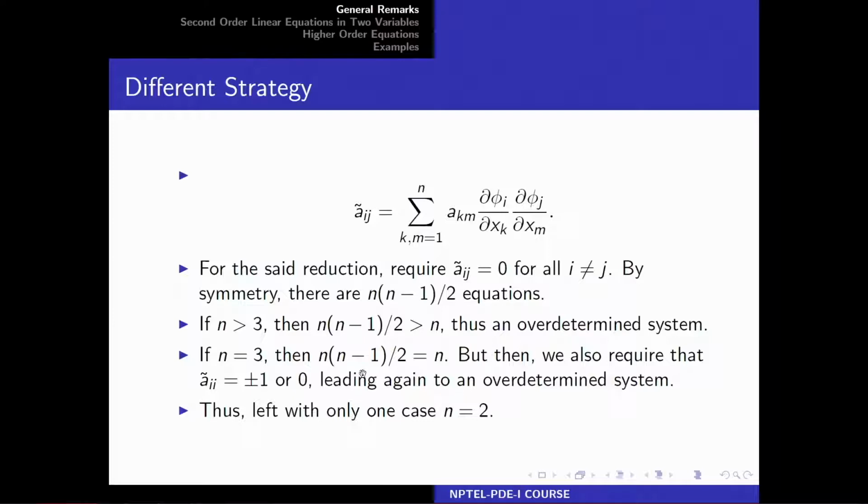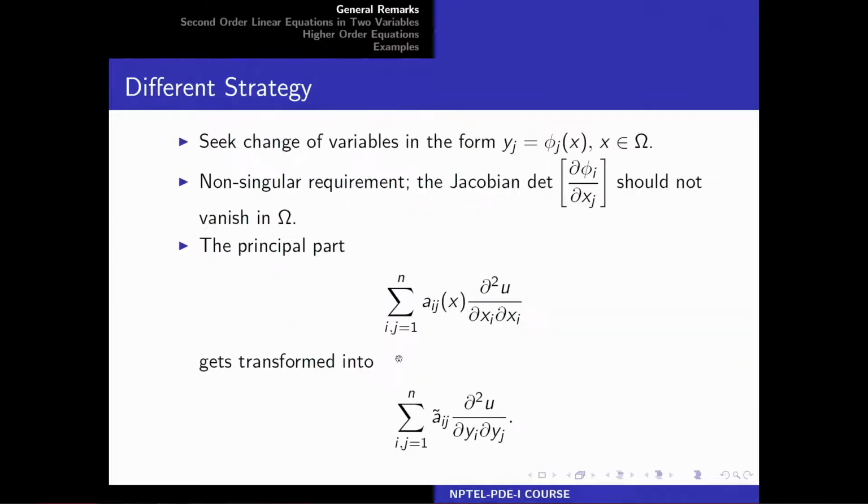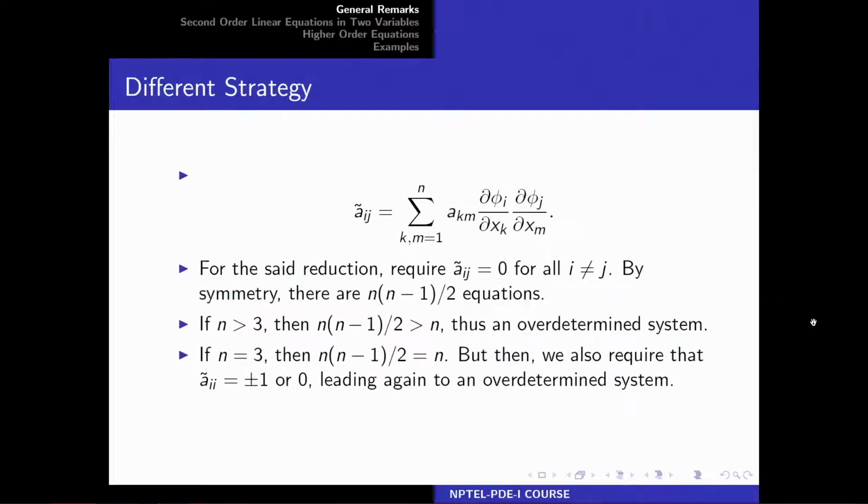So, again let me repeat that finding such a transformation to reduce the principal part of the given differential equation into a diagonal principal part with diagonal terms plus or minus 1 is not possible if n is bigger than or equal to 3, and we are left with only the case of n equal to 2, and now we proceed to do that.